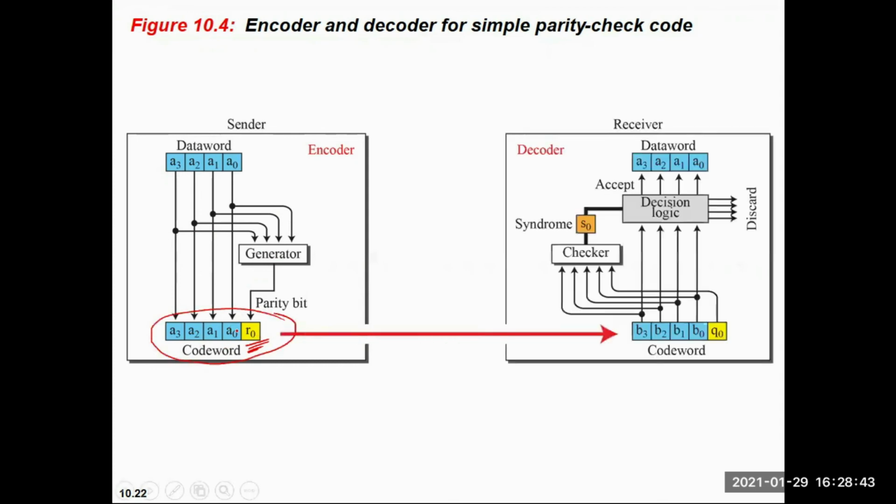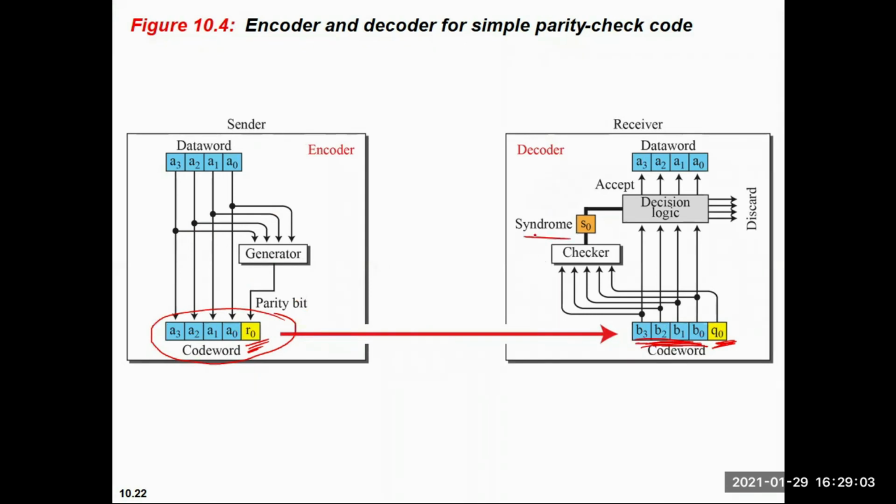At the receiver side, through this unreliable transmission, they are checking whether that bit represents the same parity as given in this data word or not.